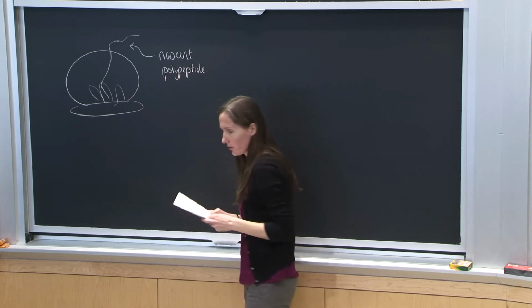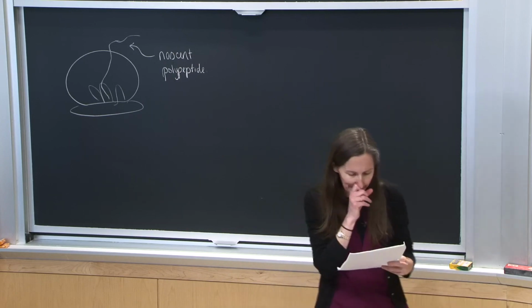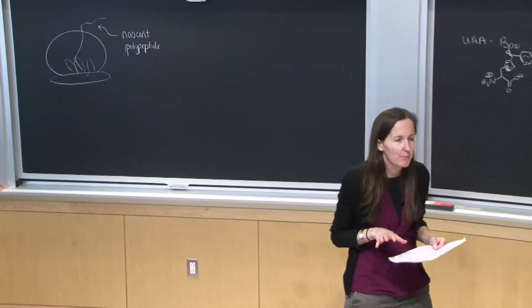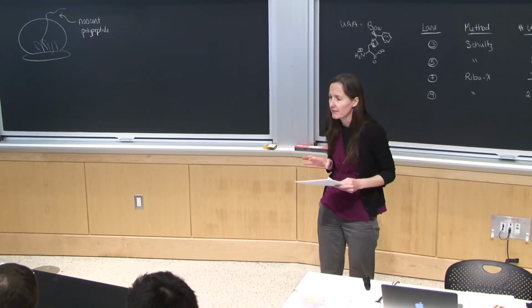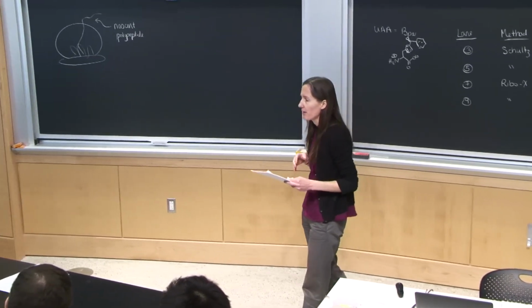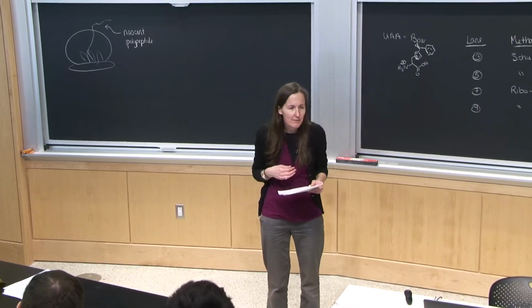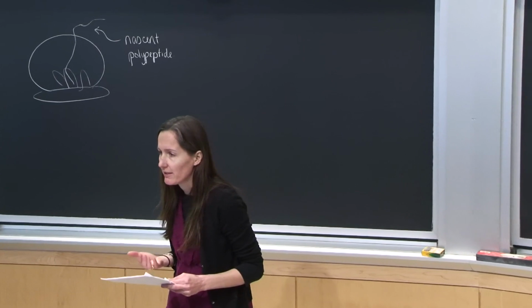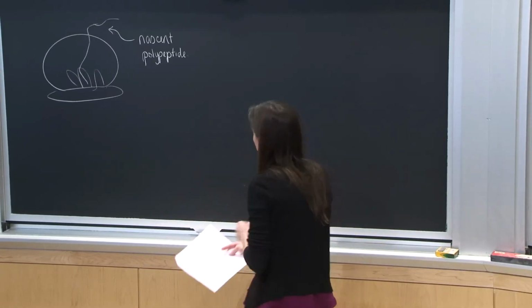So what happens to this polypeptide? The first thing to keep in mind is, where is this polypeptide destined to go? Is this a polypeptide that will be in the cytoplasm? Is this a polypeptide that will become a membrane protein or part of the secretory system?